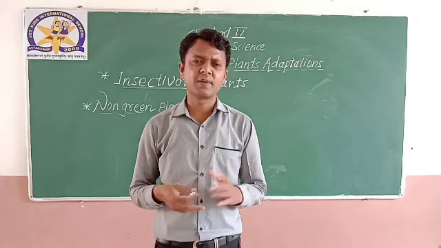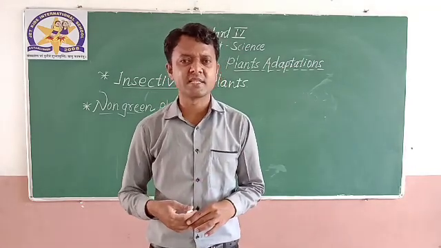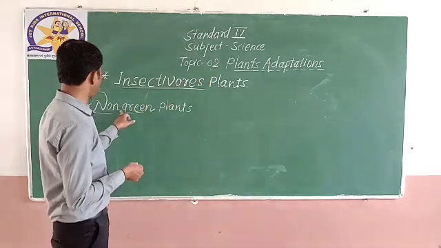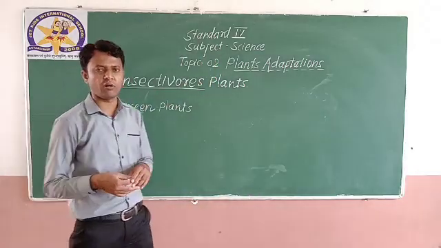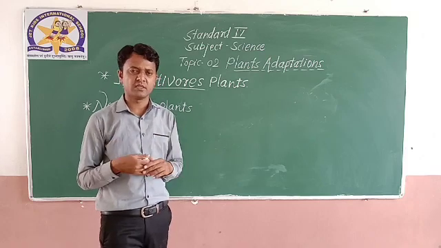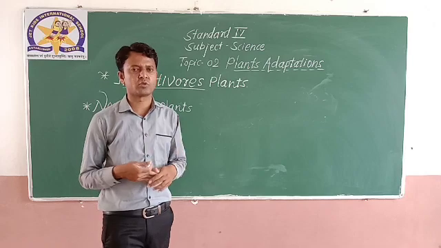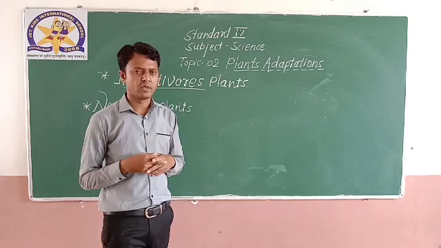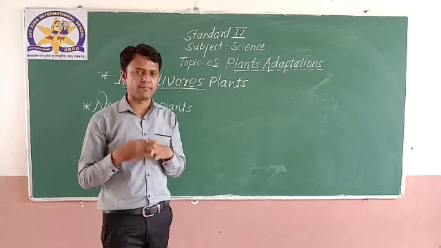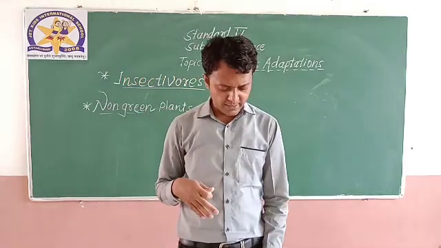So these plants depend for their food on dead plants and animals, because they are helpless. In the absence of chlorophyll, the photosynthesis process will not occur. So these plants are called non-green plants, and they depend on dead plants and animals.